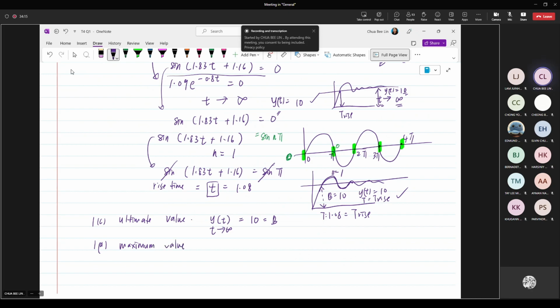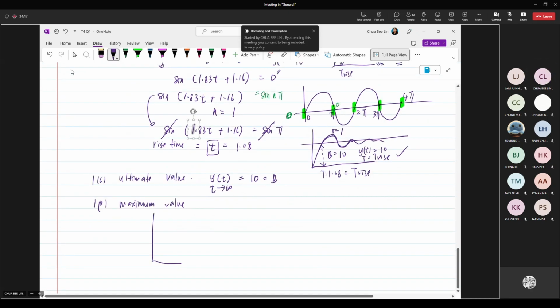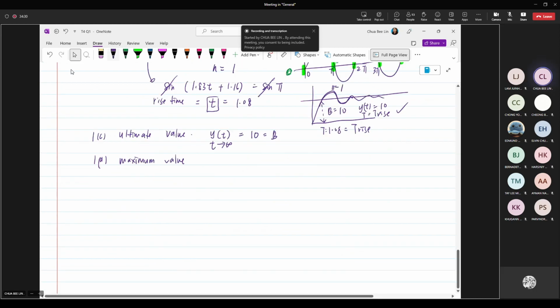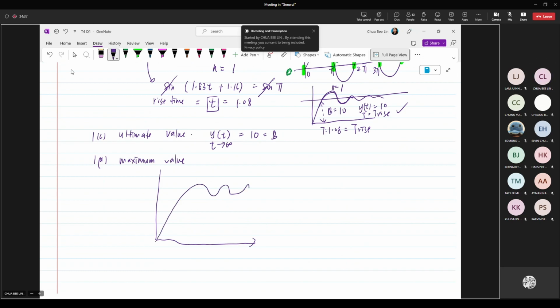Maximum value means like this. Sketch a bit, going up and like this, then cut in between.